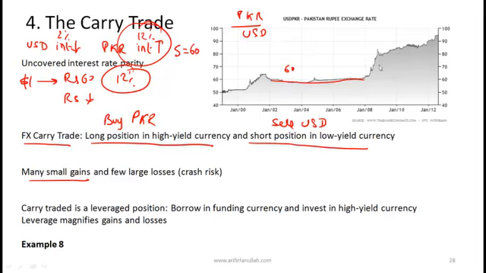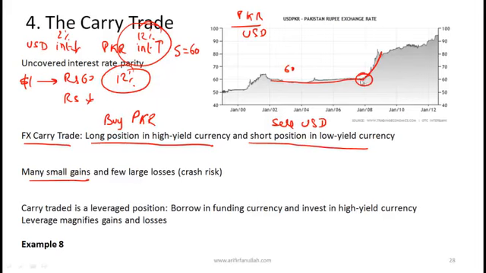However, there is a huge risk. If an investor saw the stable exchange rate between 2002 and 2008 and decided to engage in this carry trade over here, he would make a huge loss, because after 2008 the dollar appreciated and the rupee depreciated very fast.